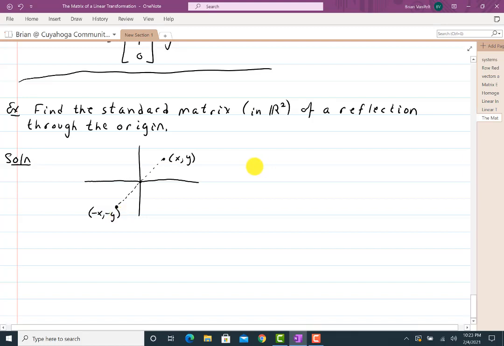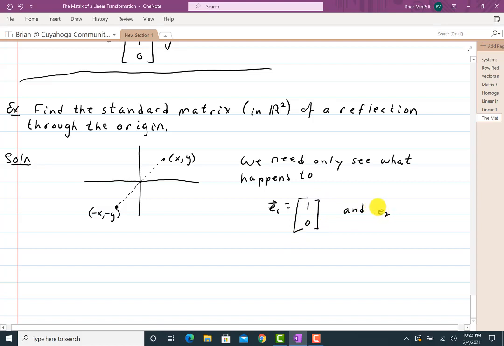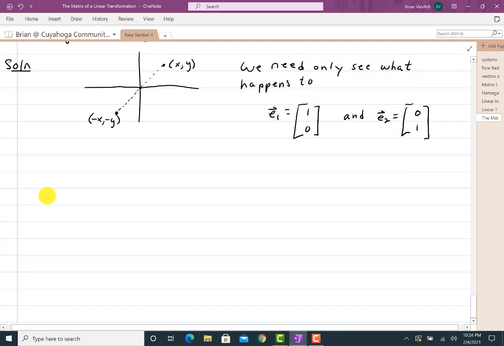And so we need only see what happens to E1, that was 1, 0, and E2, which was 0, 1. We only need to see what happens to those two vectors. So let's start with E1.